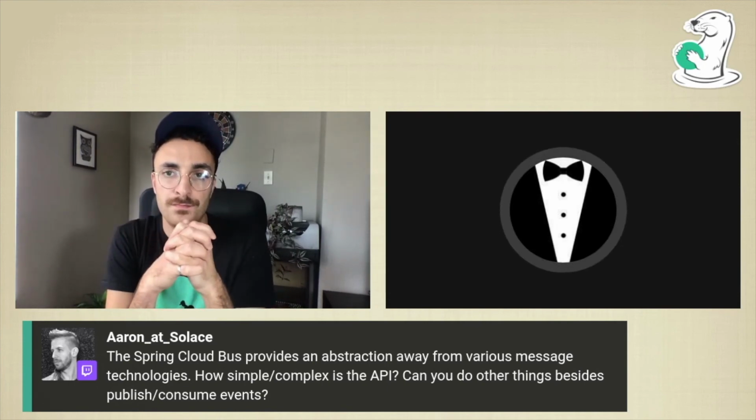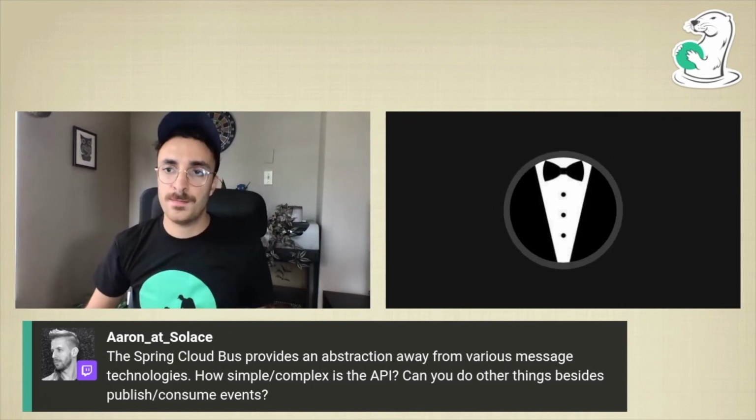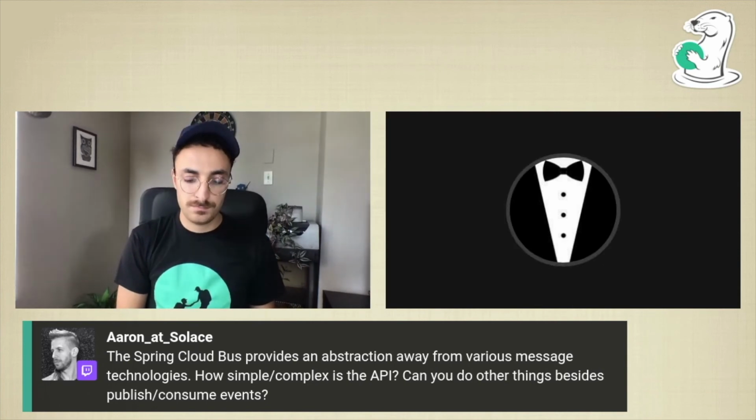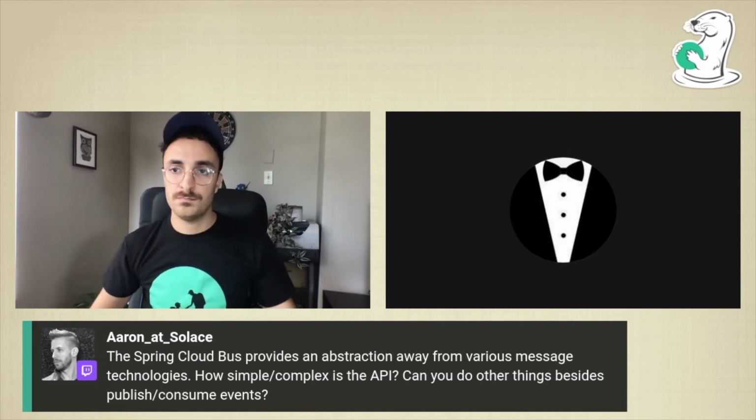Spring Cloud Bus is more for, I would say, the short-lived messages, like the configurations that are being sent back and forth. So that's what it's intended for. As to the API, it's rather easy to use. As you've seen, you just create your events and you publish them via the Spring context, and that's pretty much it.